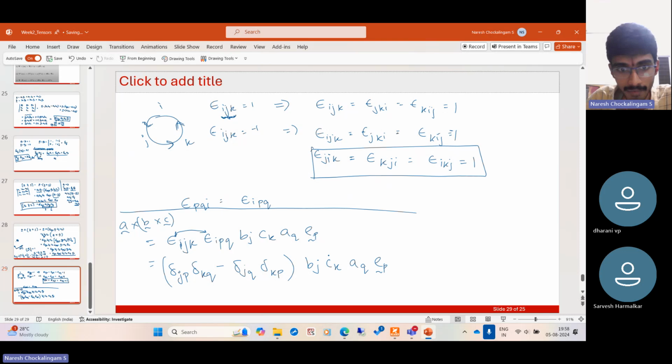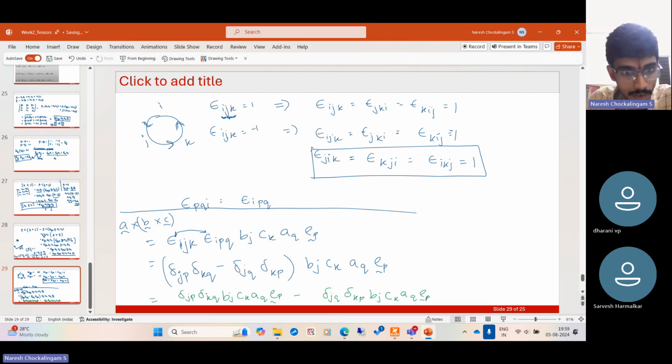This is a scalar multiplication, so this will just distribute. This becomes delta_jp delta_kq b_j c_k a_q e_p minus delta_jq delta_kp b_j c_k a_q e_p.